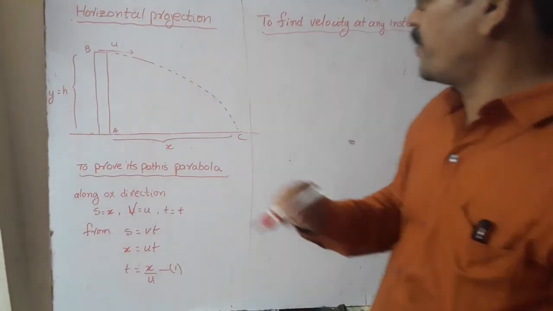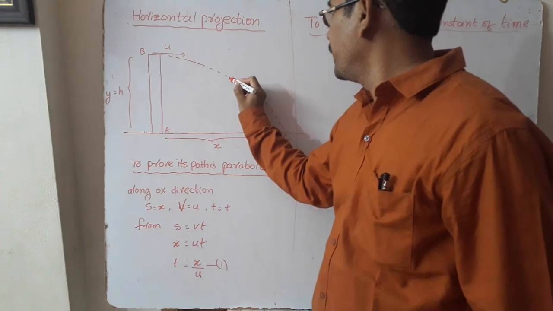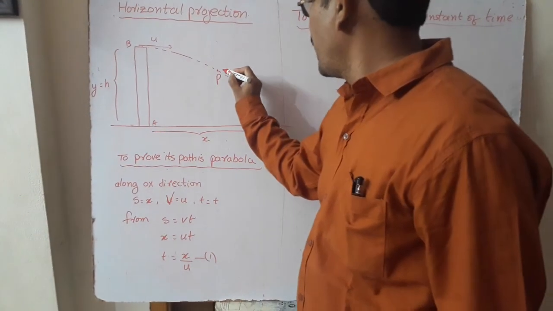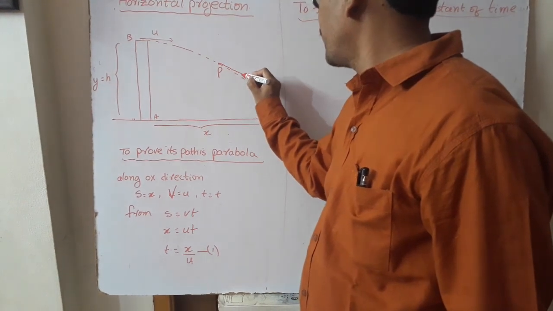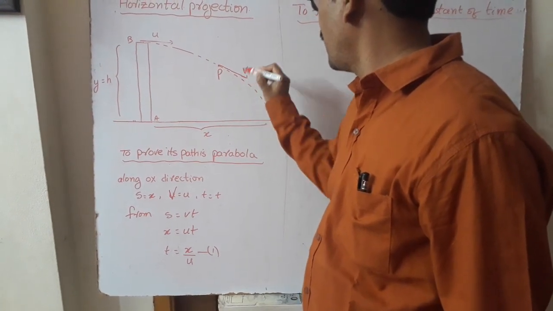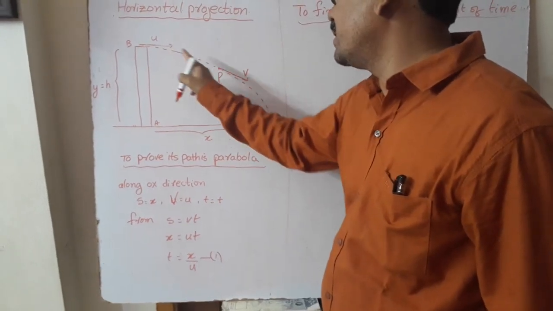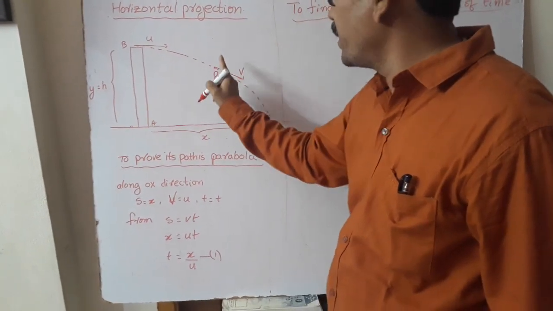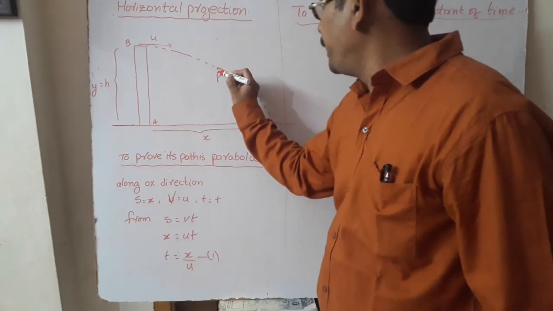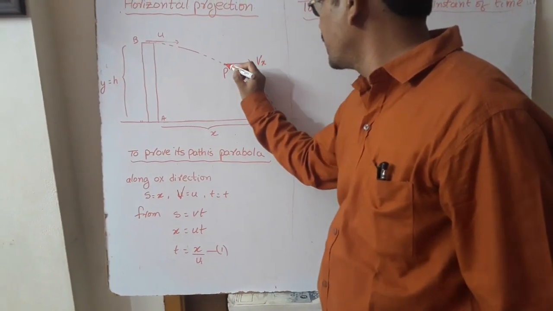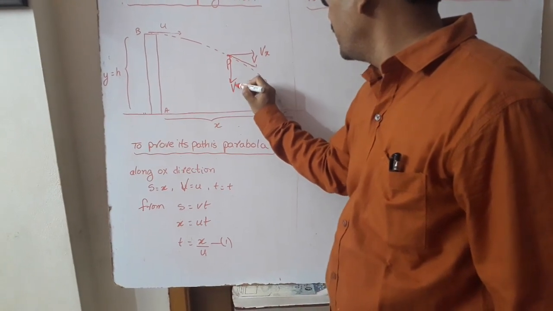At any instant of time, let p be the position of the particle and its velocity vector will be along this direction, that is the tangent drawn to the path at the point P. V can be resolved into two components, Vx and Vy.